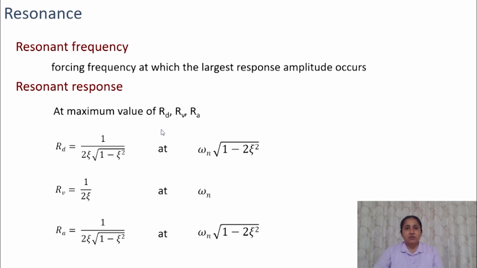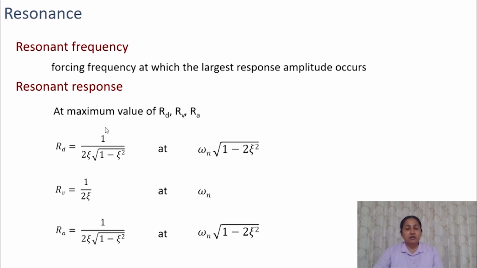We can find the second derivative of Rd, Rv, and Ra, and when the second derivative is negative, that indicates a maxima.